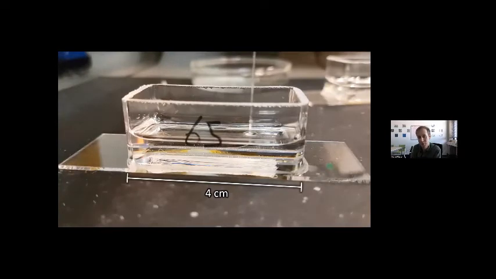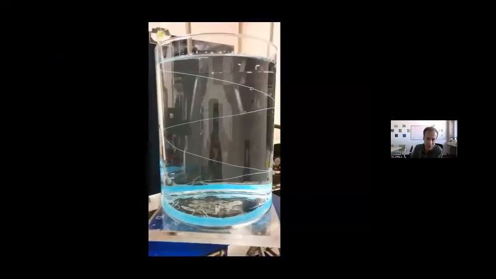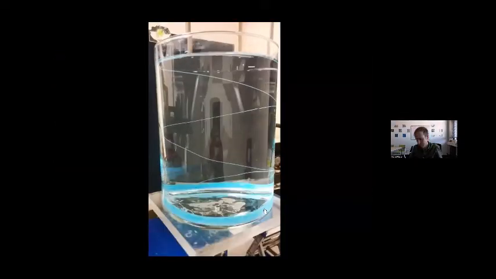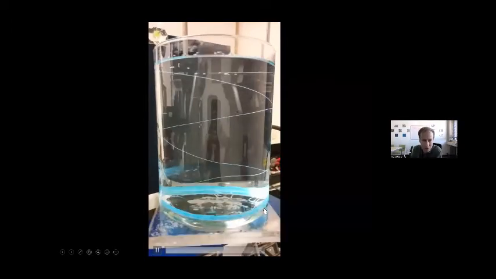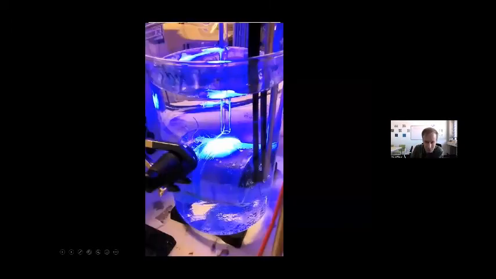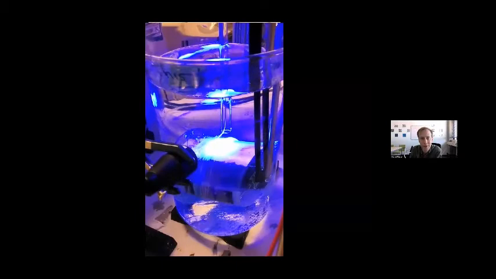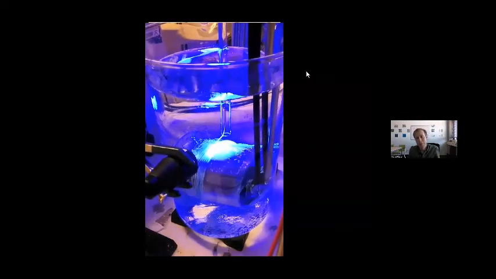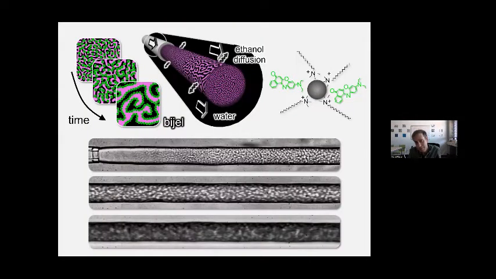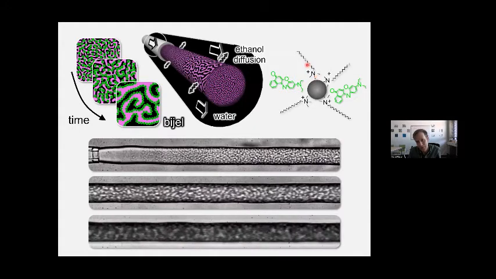You can collect them in a rotating container. They will sink down and land at the bottom. Or here you can also collect them on a rotating underwater spool, for instance. So again, the important trick was the surfactant makes the particles hydrophobic.